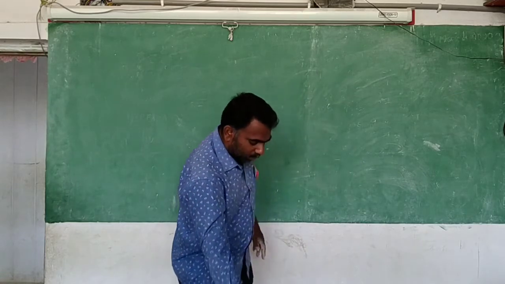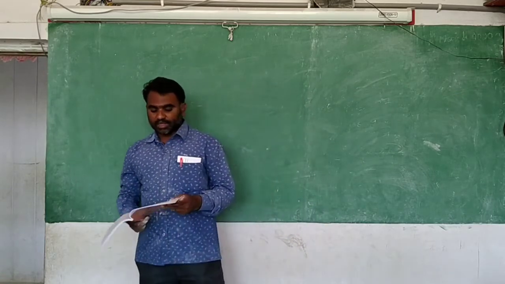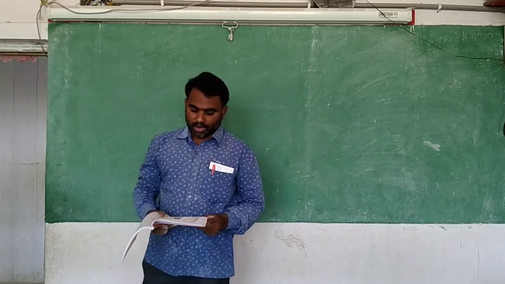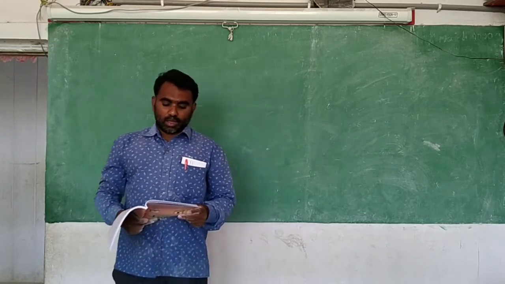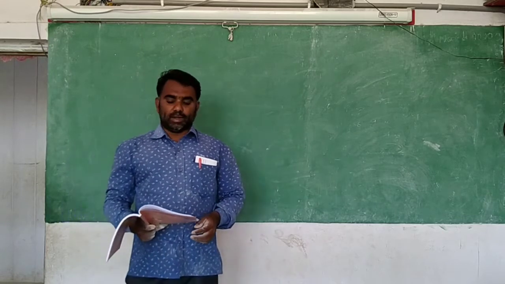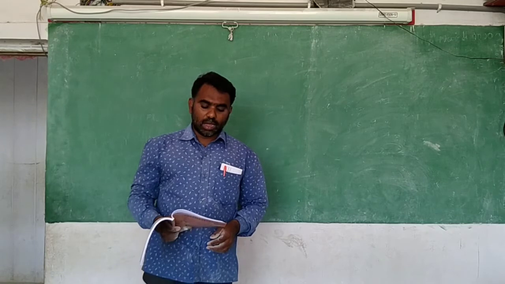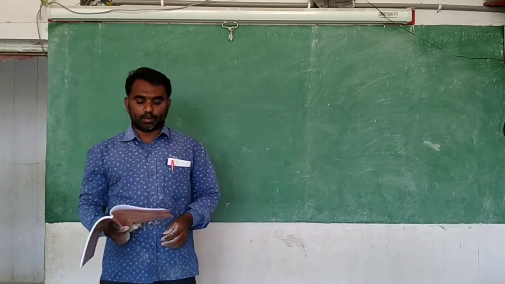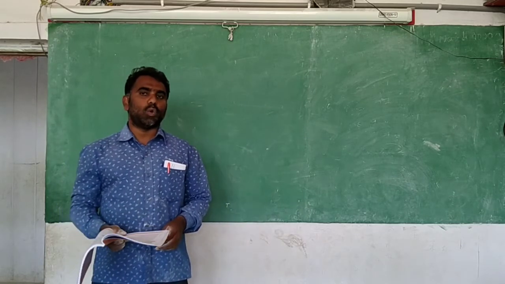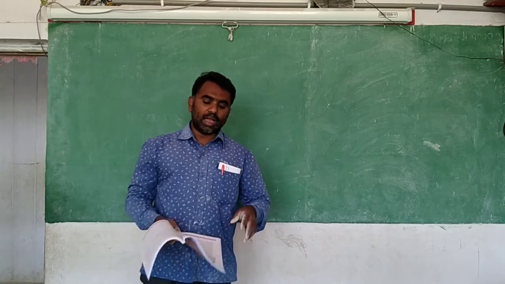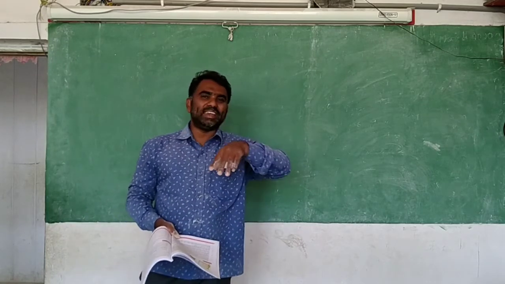And the first problem is: Kavita had 73 rupees in her purse. She got back 28 rupees from a friend who owed her money. How much money does Kavita have now? So do you understand what the question is? Kavita had 73 rupees in her purse.